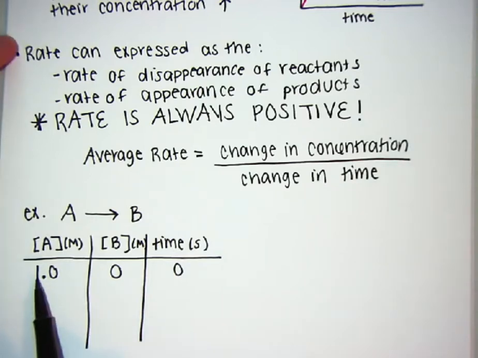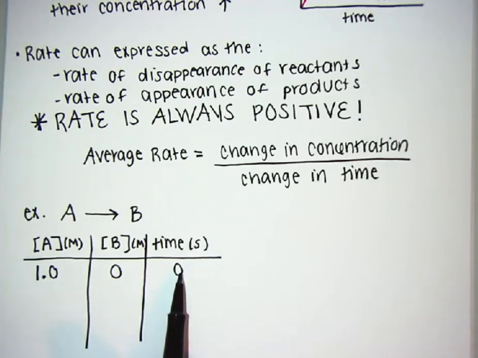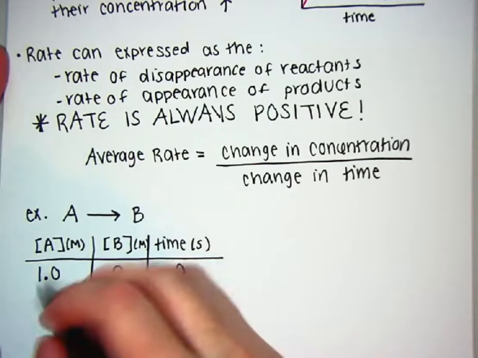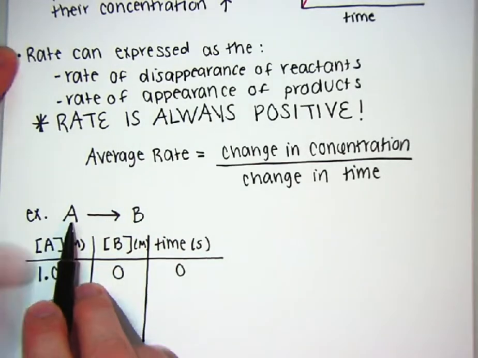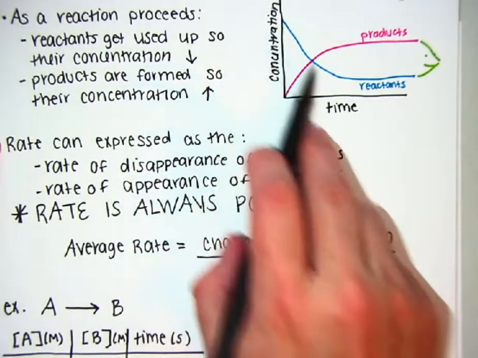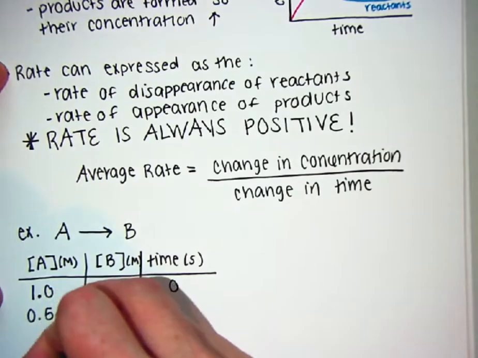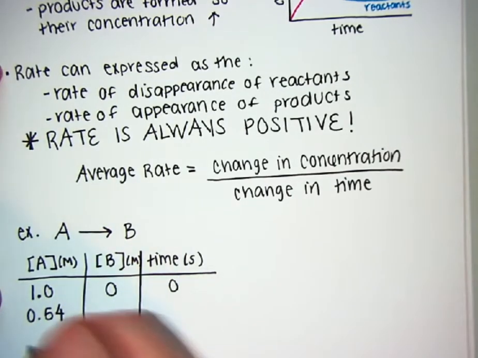You have all of your ingredients, but before you start making them, do you have any cookies yet? No, so that concentration is going to be 0. A is my reactant. Concentration of the reactant is going to decrease over time. So notice that the concentration of A is decreasing.